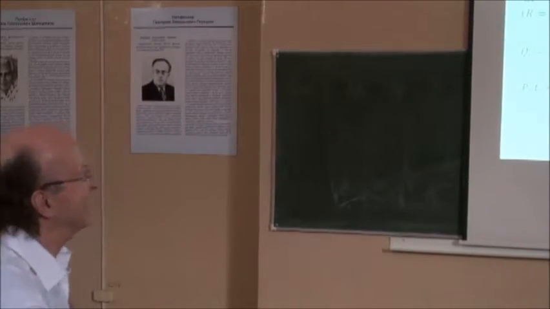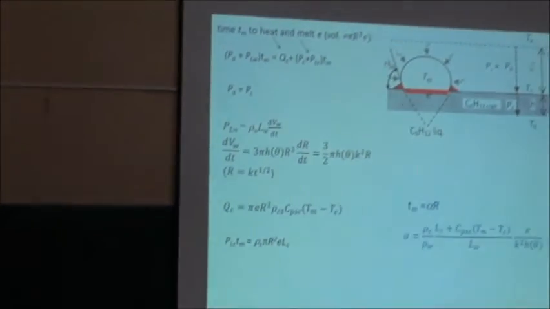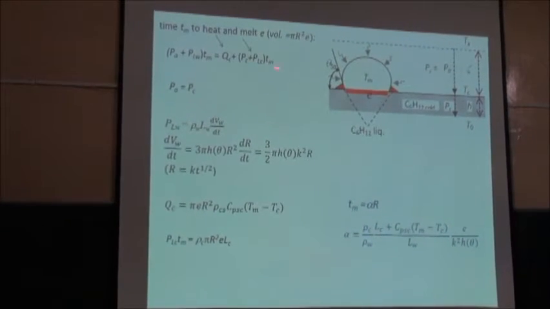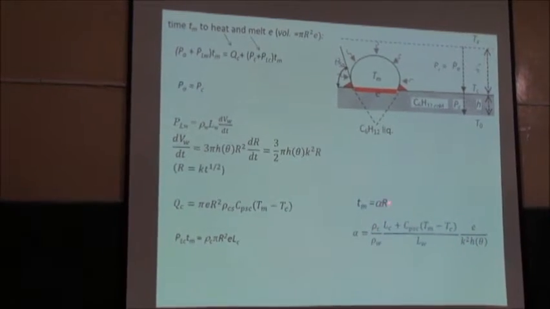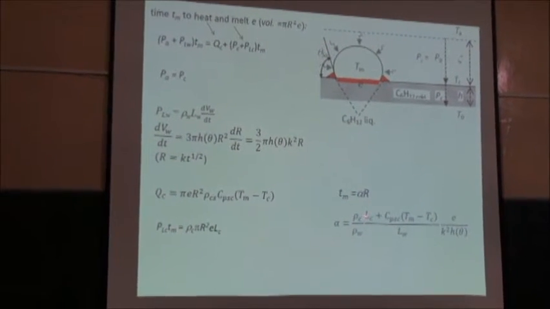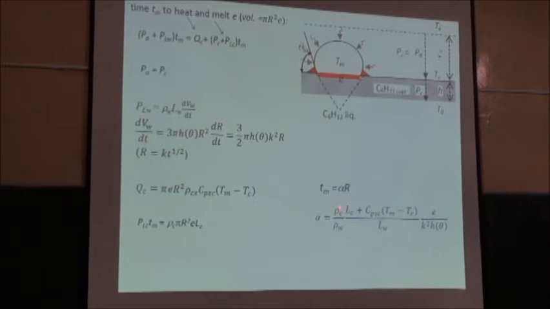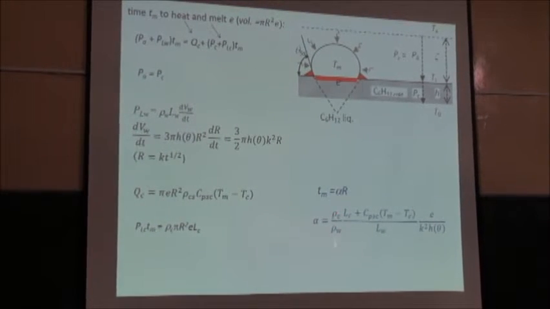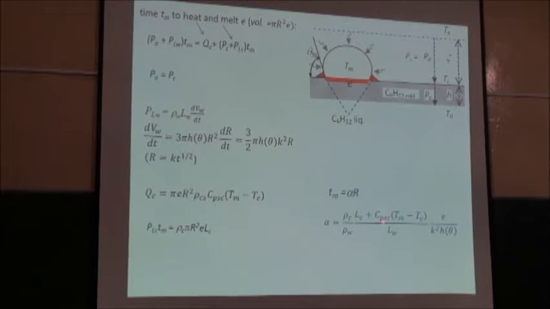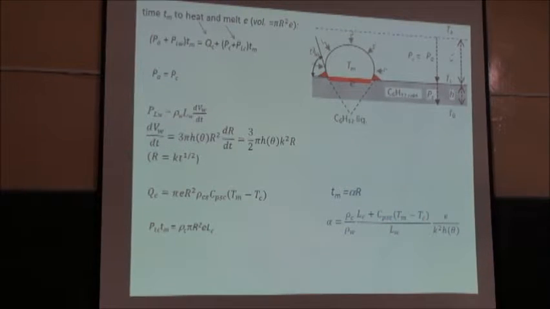And so when you solve this equation here, you get Tm, which is indeed proportional to R, with this prefactor where you see the latent heat of cyclohexane. Okay, I forgot there is a ratio of cyclohexane and water density, latent heat of cyclohexane, specific heat, but this is usually small.